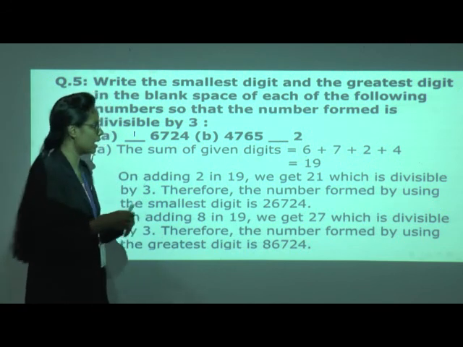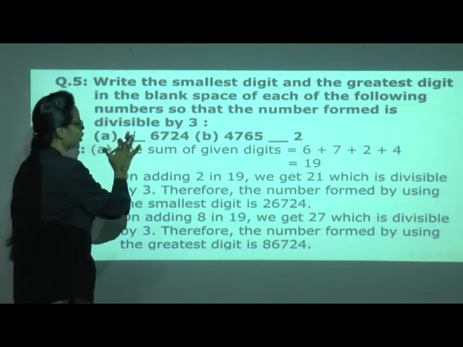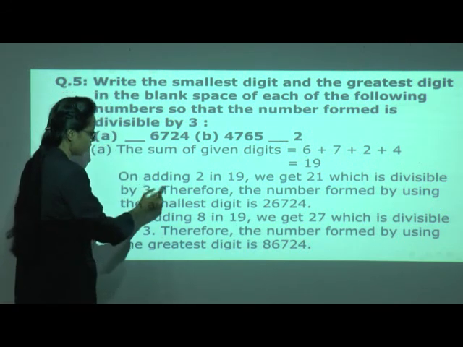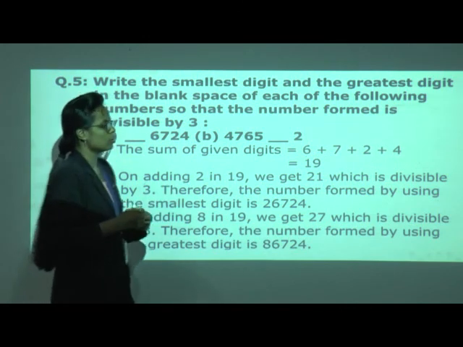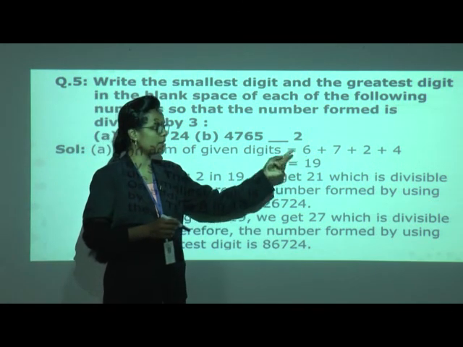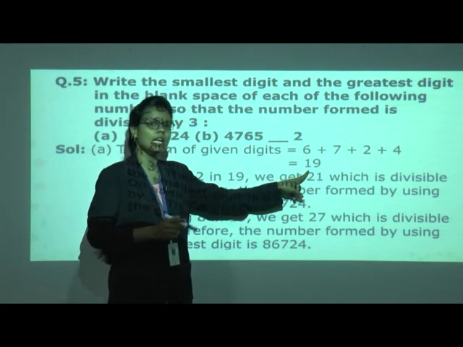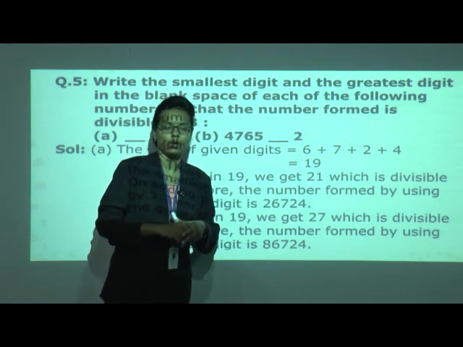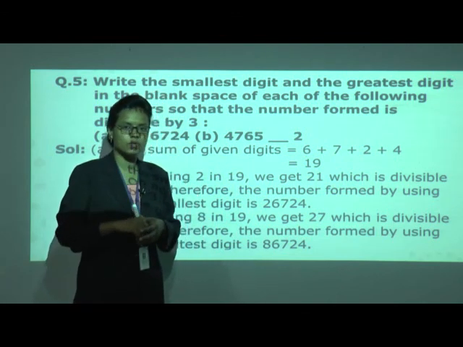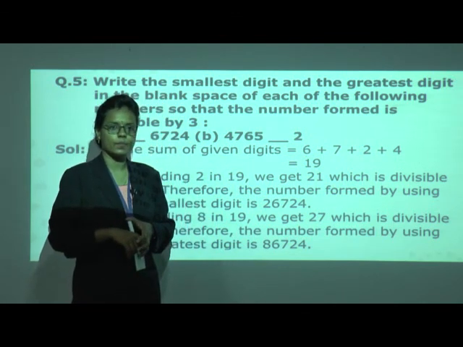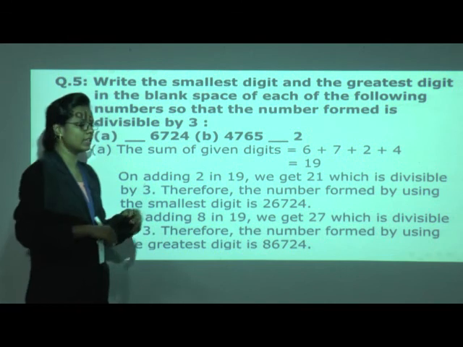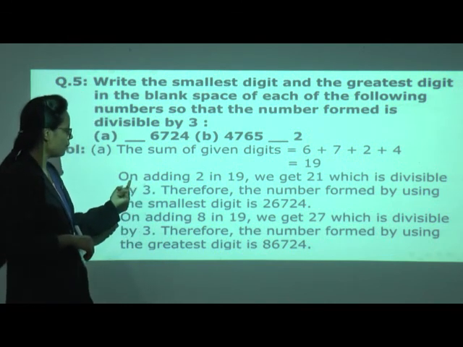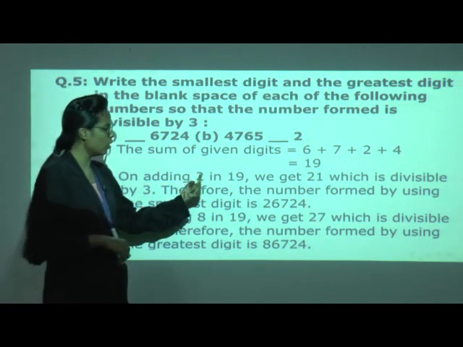So, we can take the other digit. We can take 2. So 6 plus 7 plus 2 plus 4 is 19, and 19 plus 2 is 21. Whether 21 is divisible by 3? Yes, 21 is divisible by 3. So the smallest digit we have found is 2.